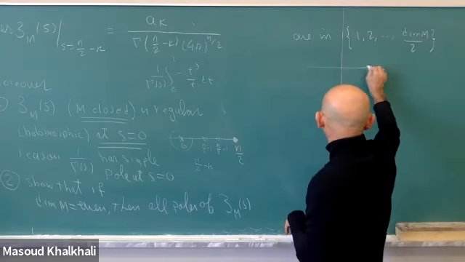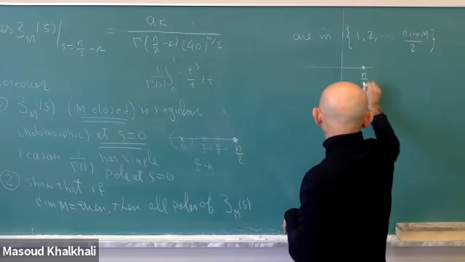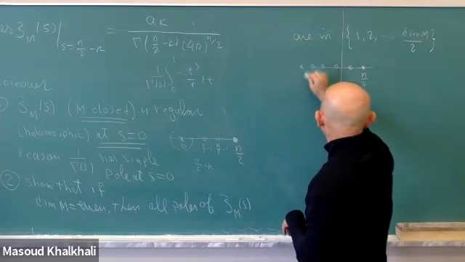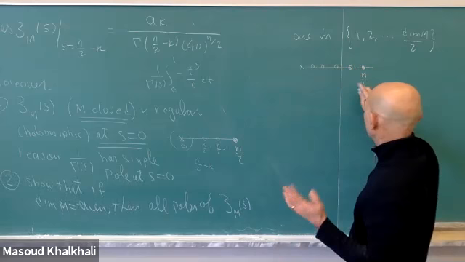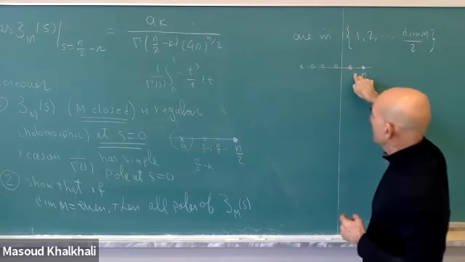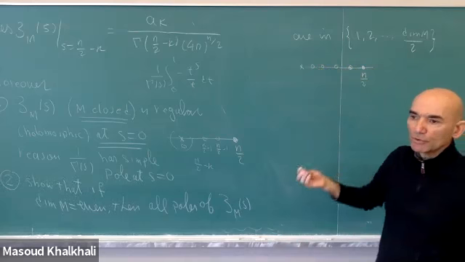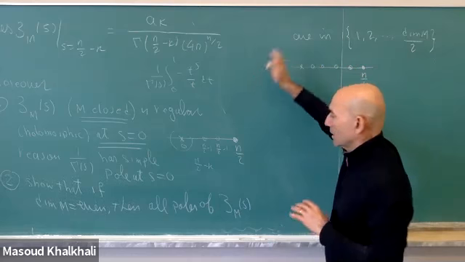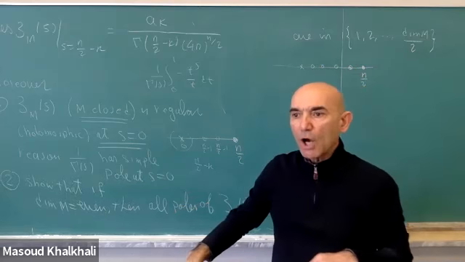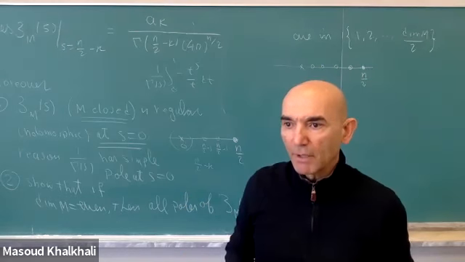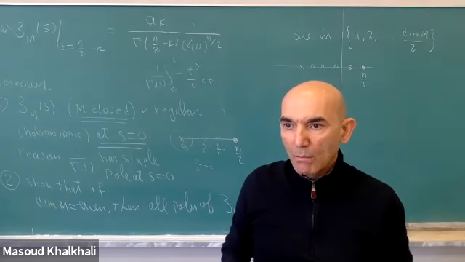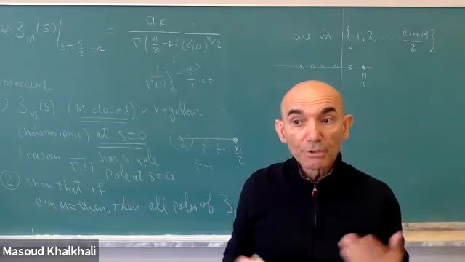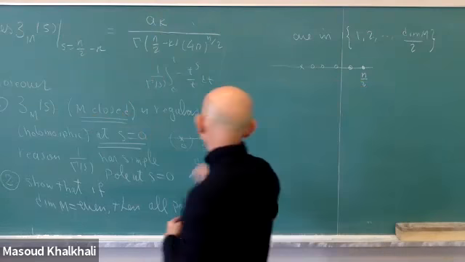All poles, this is the top pole n over 2, and then this is regular, and you come one by one down. Well, we are not saying all of them are necessarily poles, but if there are poles, they're going to be in this finite list, essentially, and there are no others. Here it's regular, but if the dimension of M is odd, this sort of singularities could emerge at an infinite number of points.